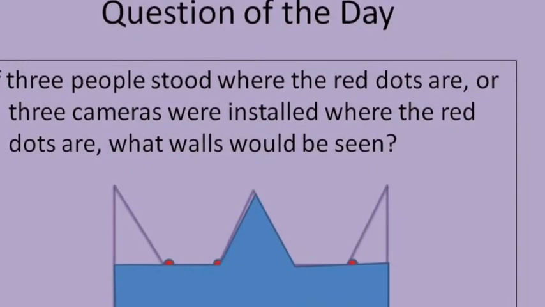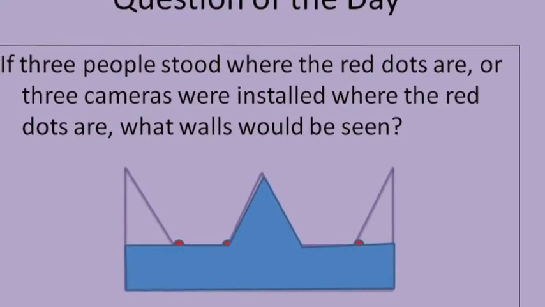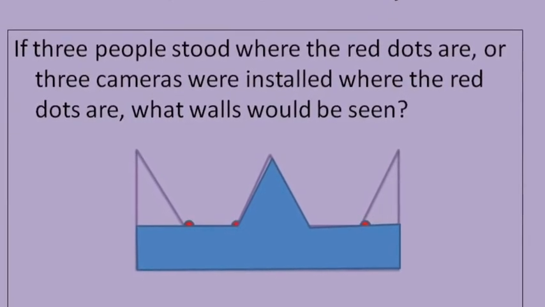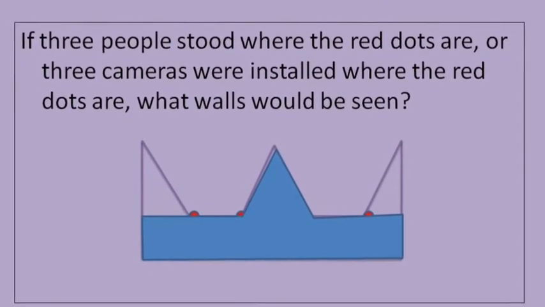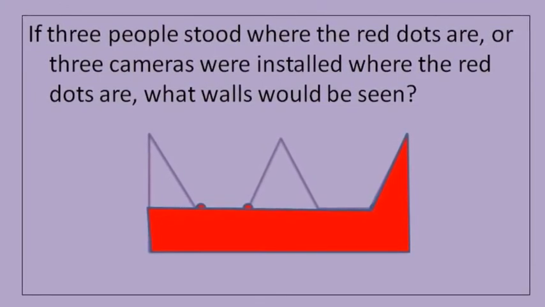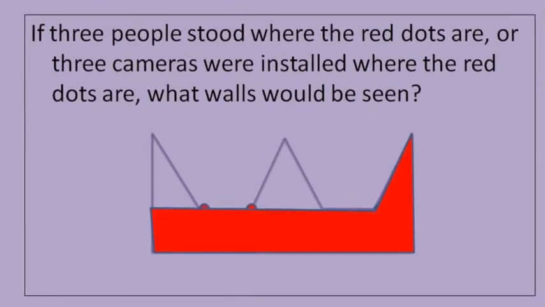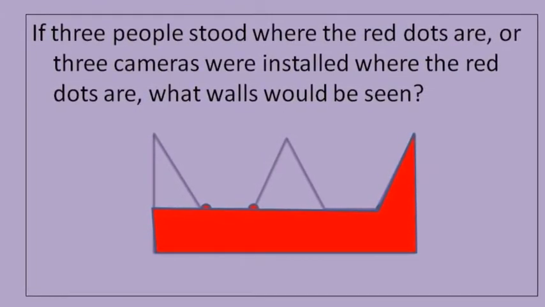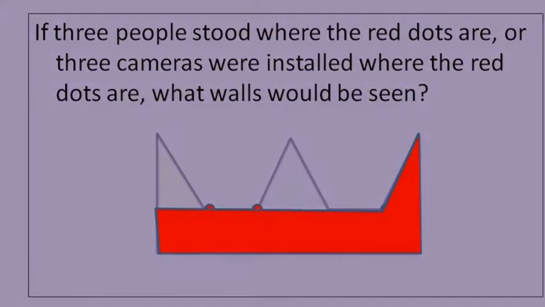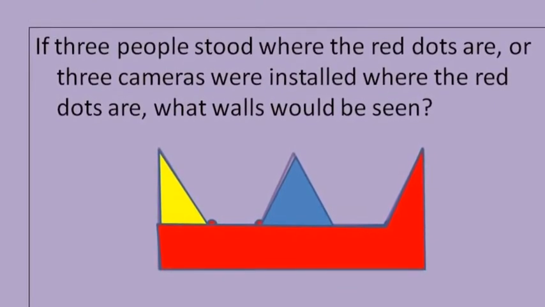Next, moving to the dot in the center, you would see everything that has been shaded in blue. Notice that your vision is not able to bend around corners. However, you are able to see the entire point. The final red dot, you would see everything colored in red. Now, combining all 3 cameras, the entire art gallery could be seen.